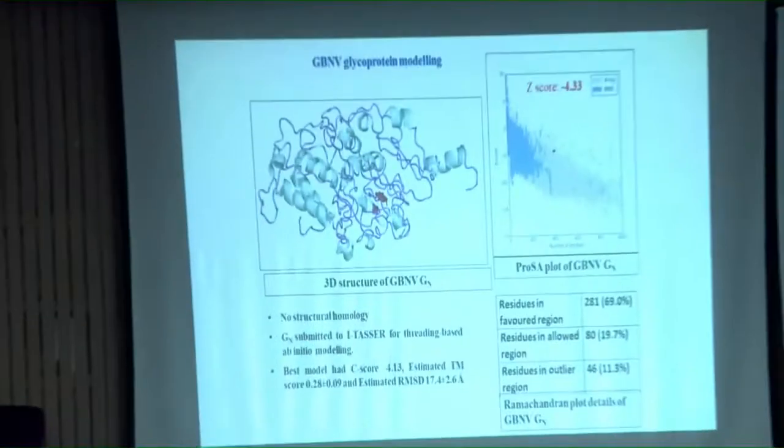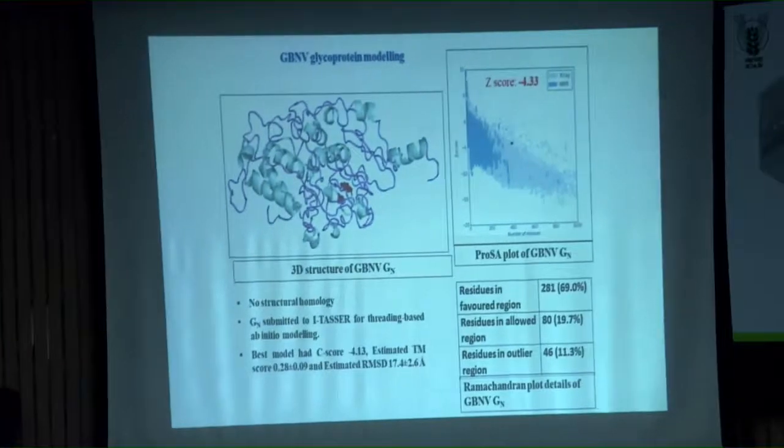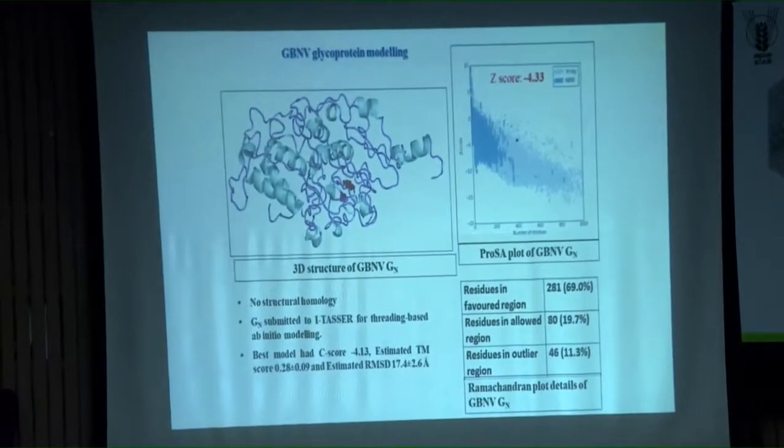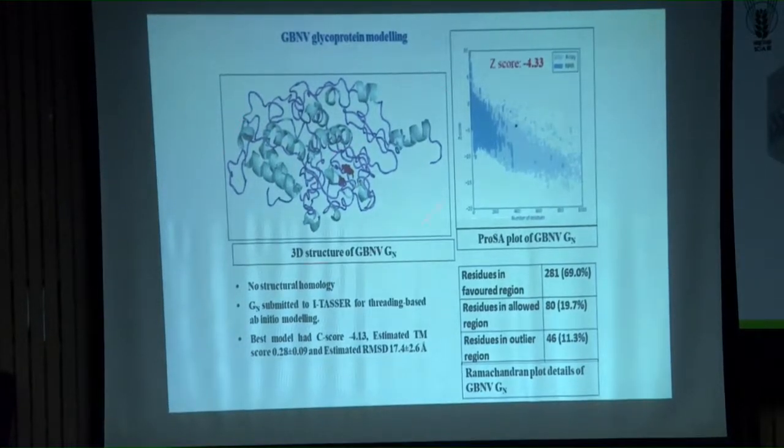So now coming to the case study. In the GN of the glycoprotein I was telling, we know which portion is the GN of the glycoprotein, and based on the GN we did ab initio modeling of glycoprotein GN. Ab initio, why?